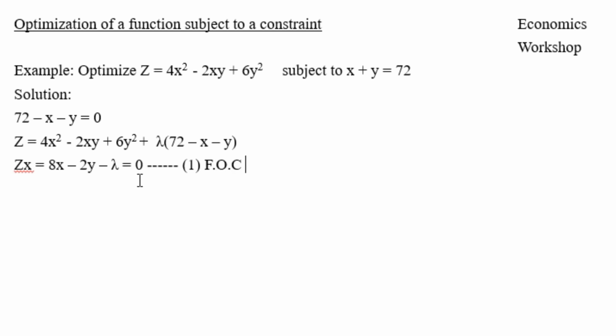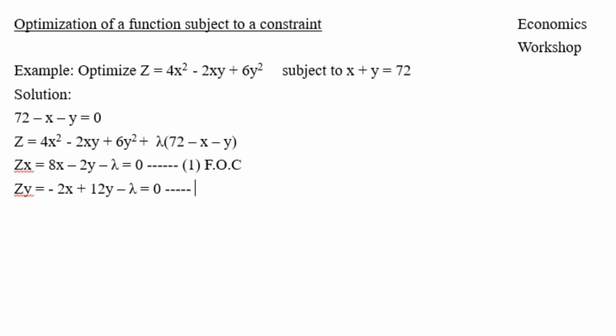The first order condition, which is FOC, implies that the first order partial should be equated to 0 in order to obtain our critical value. So when we differentiate z with respect to y, that equals minus 2x plus 12y minus lambda equals 0.